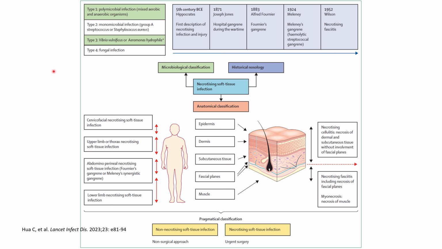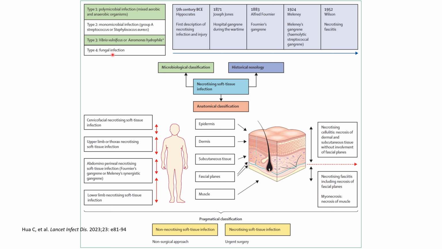But essentially, as of 2023, a proposed classification is that type 1 is essentially polymicrobial infection. Type 2 necrotizing infections are monomicrobial, so typically group A strep or Staphylococcus aureus. Type 3 is reserved specifically for Vibrio vulnificus or Aeromonas hydrophila, and type 4 for fungal infections.